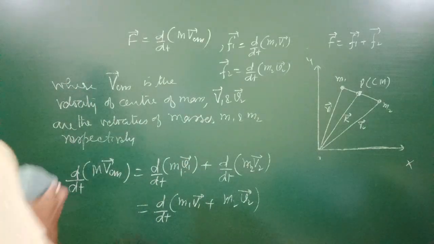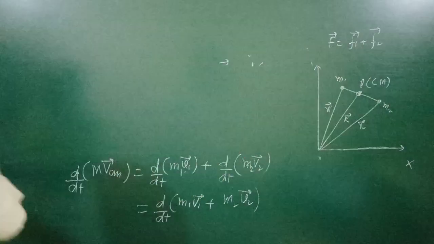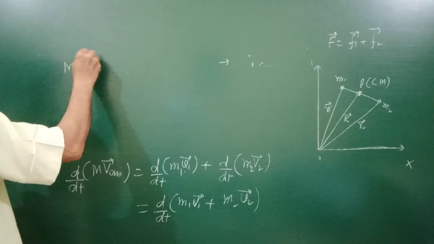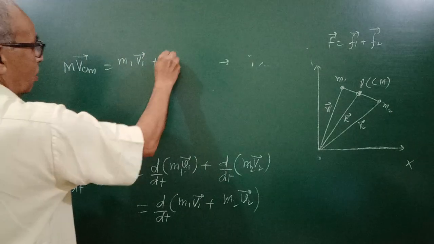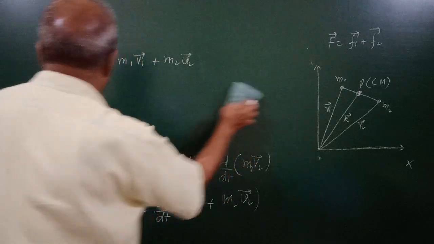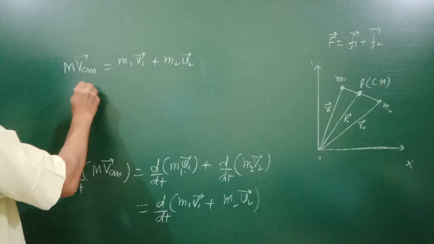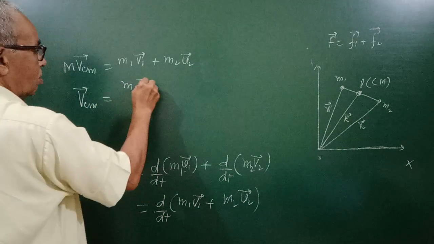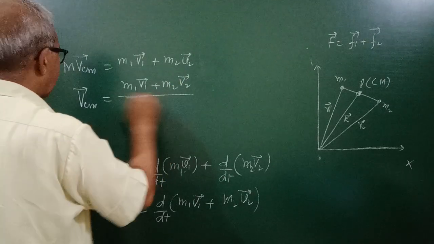Now comparing the two sides, you will get M Vcm equal to m1v1 plus m2v2, and therefore Vcm equal to m1v1 plus m2v2 upon capital M.